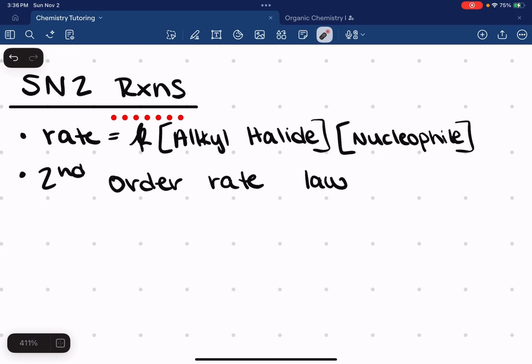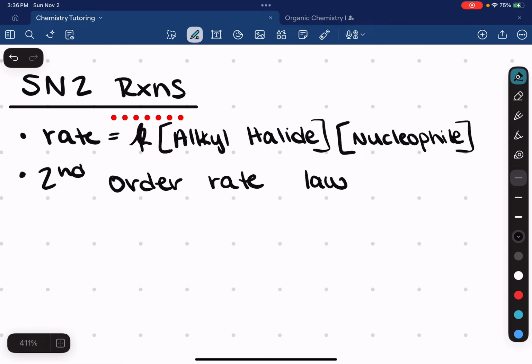Because if you don't have enough nucleophile, then it's not going to backside attack. And if you don't have enough alkyl halide, your leaving group isn't going to pop off and you can't make as much. So it happens simultaneously and both compounds affect the rate of the reaction.